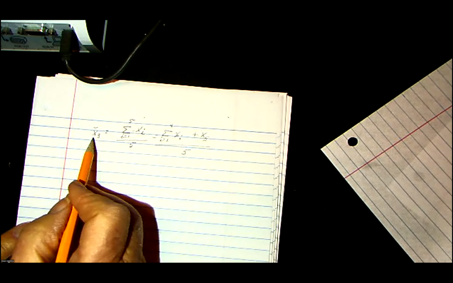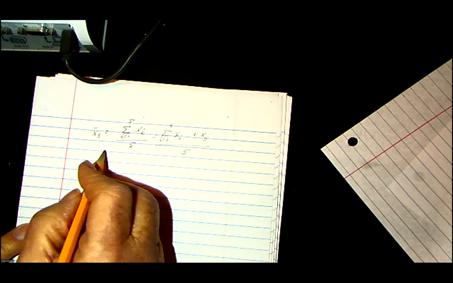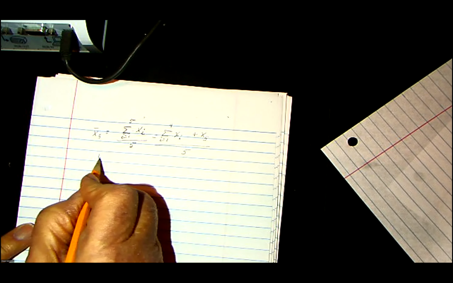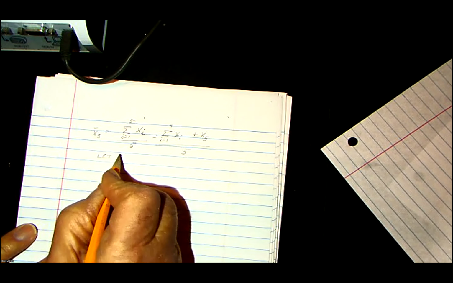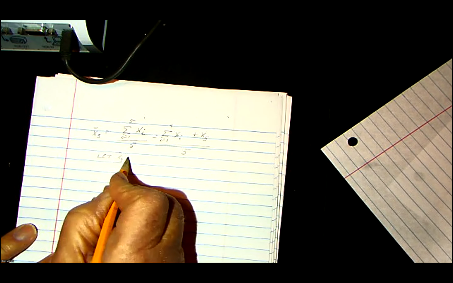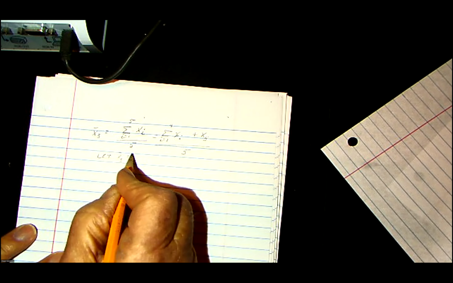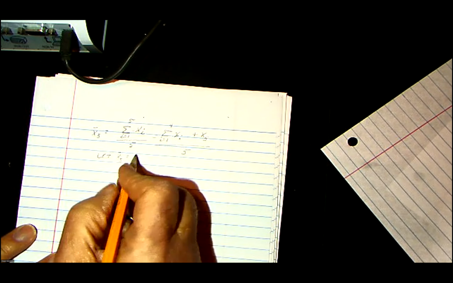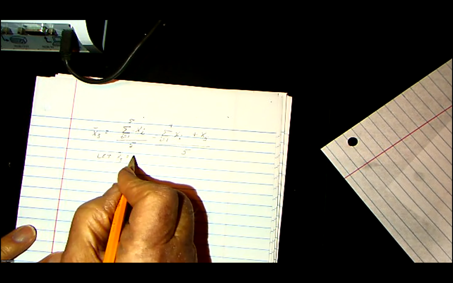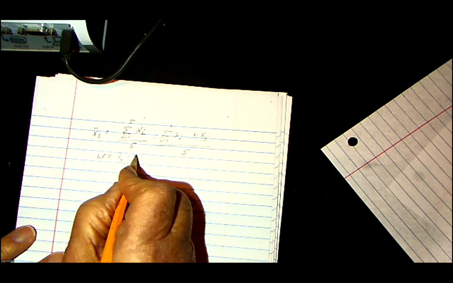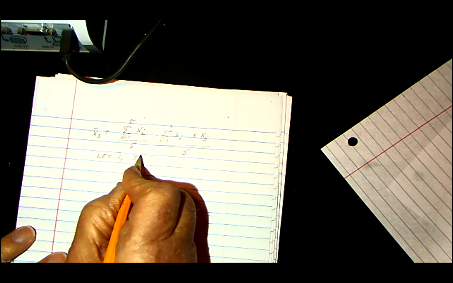We don't know what x bar sub 5 is. So what we said, we're going to let x bar 5 equal to the mean of the raw data set that has 4 atoms in it, which is equal to 32. So that's the first thing we do.